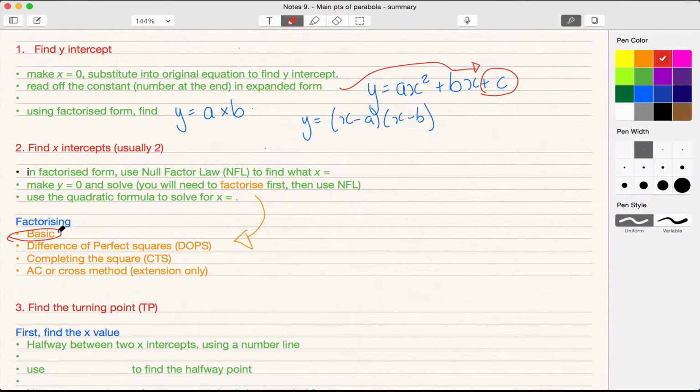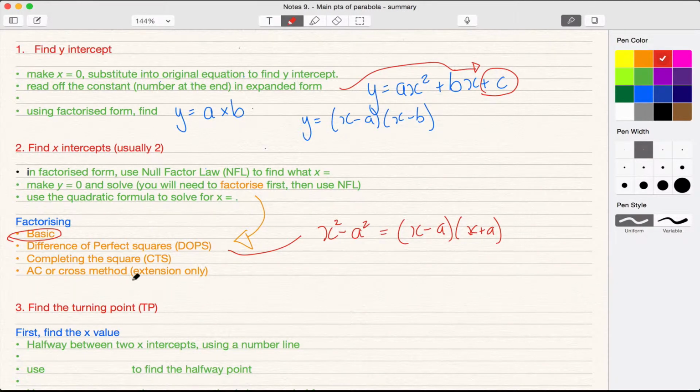If you can't use that method, you can try DOPS, which is this one: x squared minus a squared, difference of perfect squares, difference means minus, is x minus a, x plus a. If it won't work with either of those two methods, then completing the square would be an option.